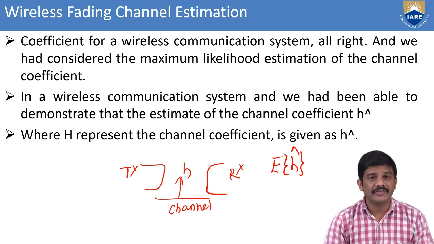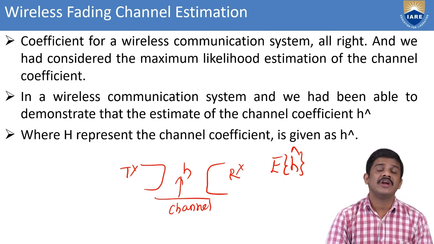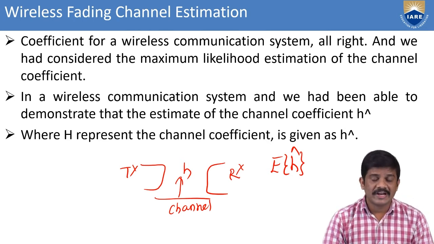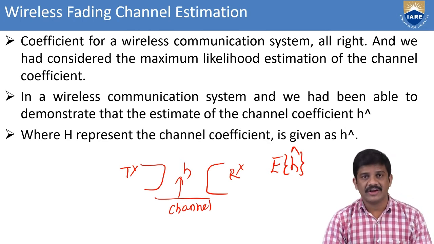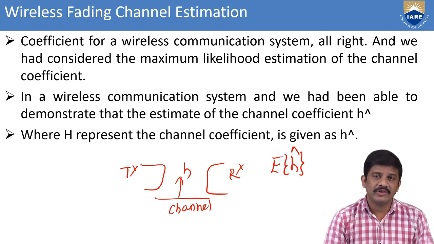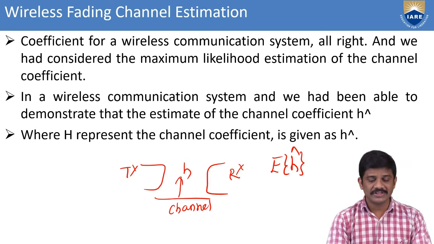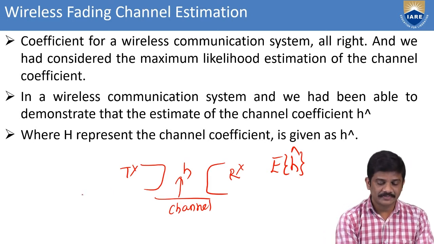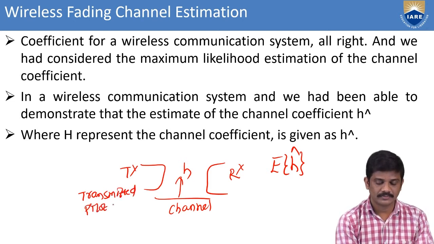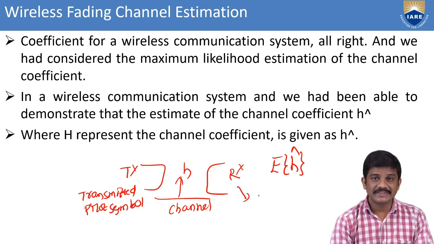Here we have different pilot symbols on the transmitter side and the receiver side. We have two different pilot symbols. The first one is the transmitted pilot symbol, and here is the received pilot symbol.